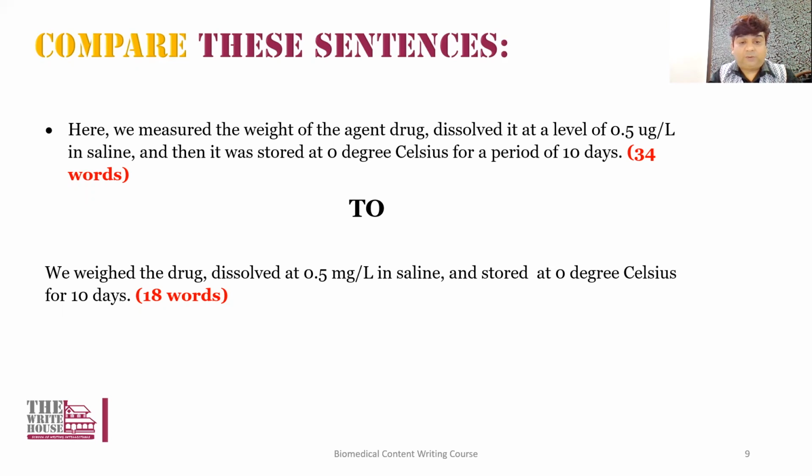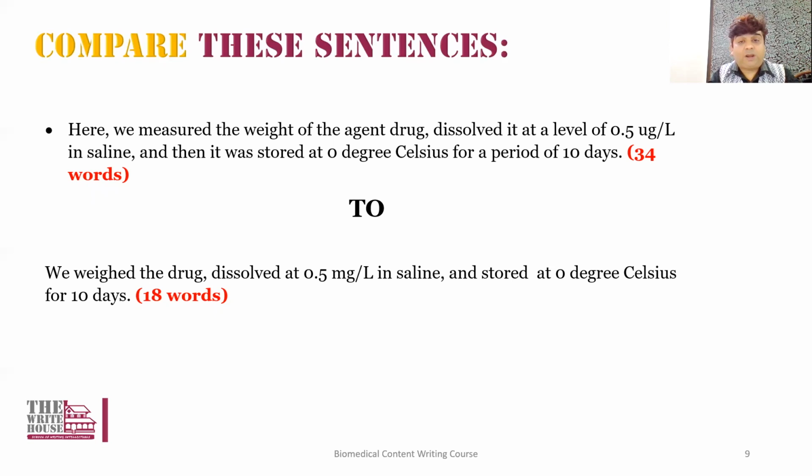We weighed the drug, dissolved at 0.5 milligram per liter in saline, and stored at 0 degrees Celsius for 10 days. If you read out the 2, the second version is quite comfortable for the reader. It takes lesser time. It gives more clarity. And anybody reading that can repeat that thing and do that thing easily without getting any kind of ambiguity.